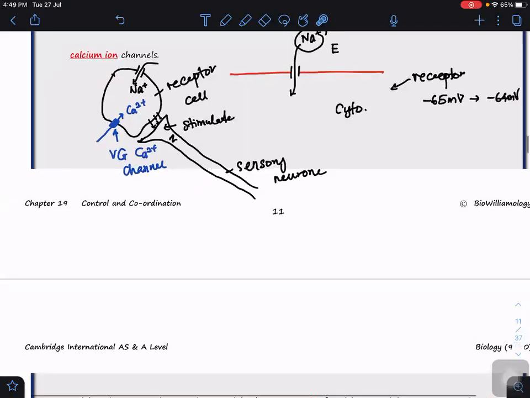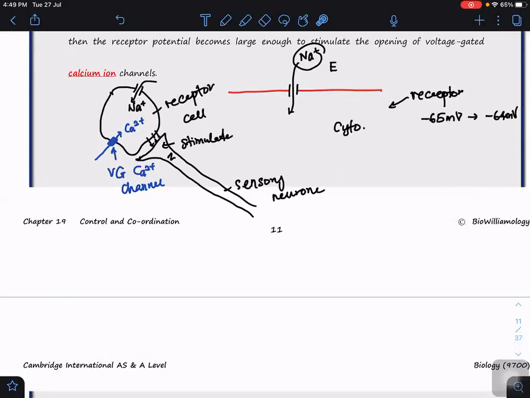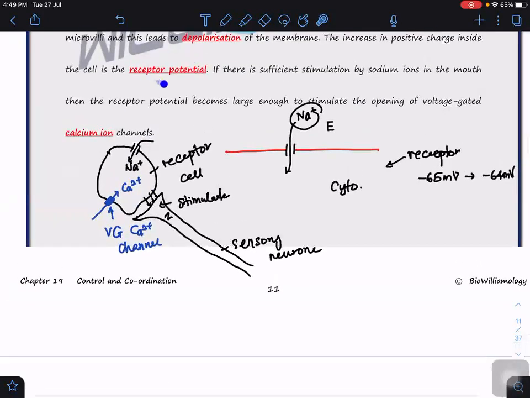So again, guys, because the food contains sodium chloride, the salt, sodium ions enter into the receptor cells, so it generates what we call the receptor potential because they depolarize the membrane. If the receptor potential is sufficiently large, you're going to trigger the entry of calcium ions. Calcium ions will cause the exocytosis of the neurotransmitter, and the neurotransmitter is going to stimulate the sensory neurons to generate the action potential.